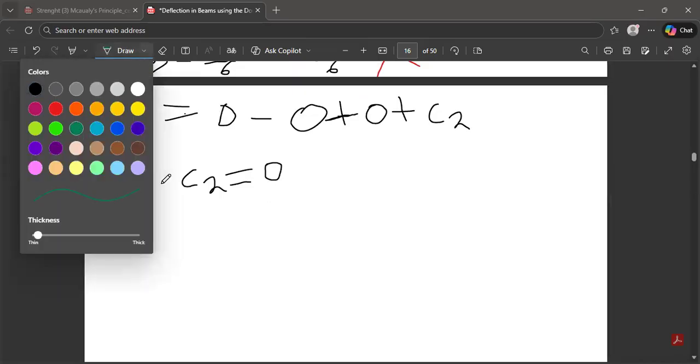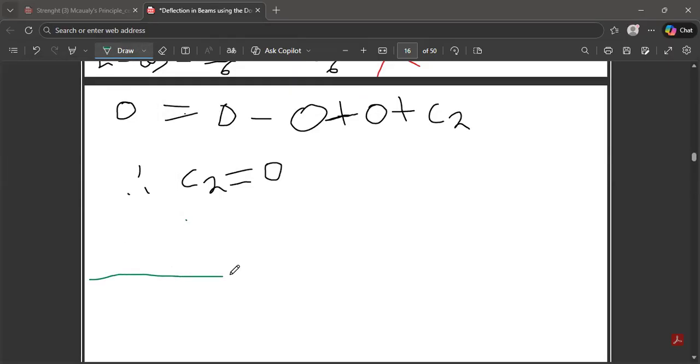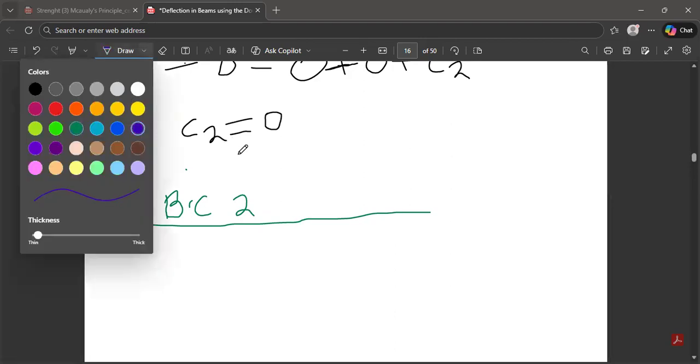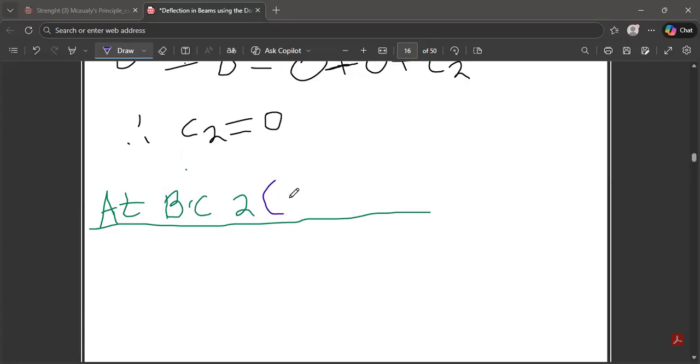We also have to do it for boundary condition 2. So let's do it over here. At boundary condition 2, we are saying that x is equal to 8, and y is still equal to 0.